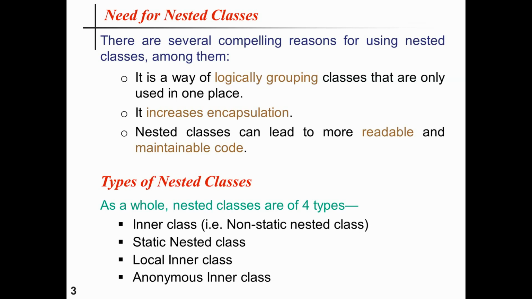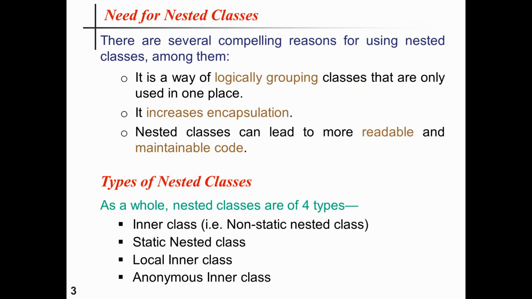The next point states that this concept increases encapsulation. If we consider two top level classes A and B, where B needs to access the members of A that would otherwise be declared private, now by hiding class B within class A, A's members can be declared private and B can access them.